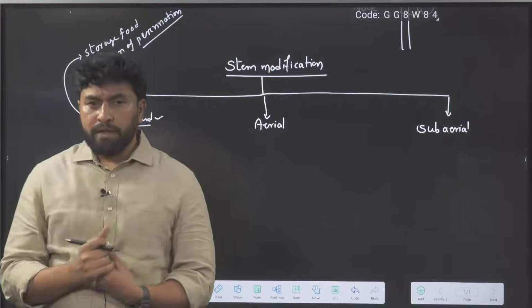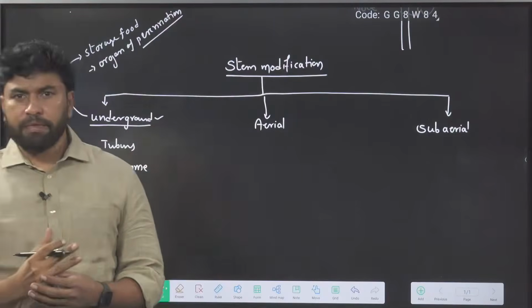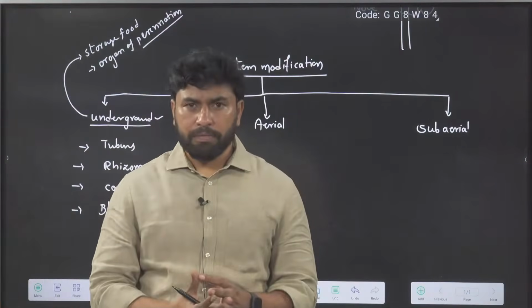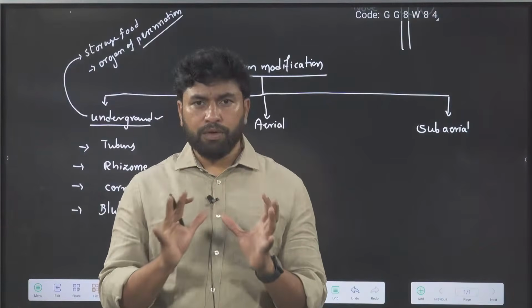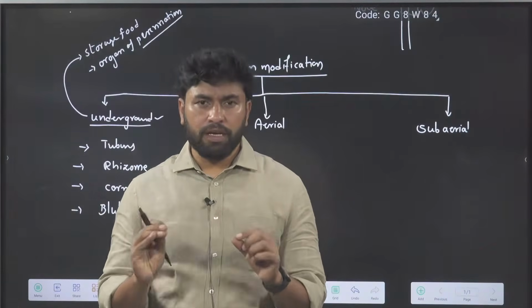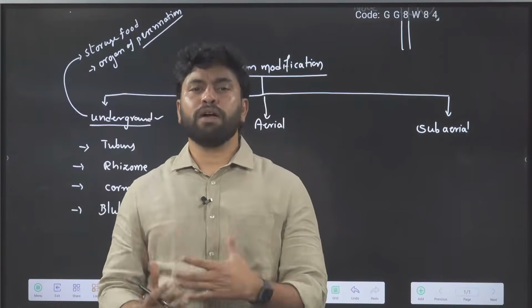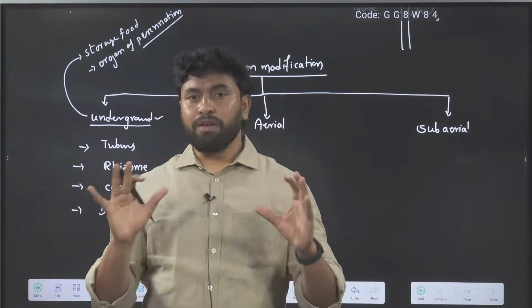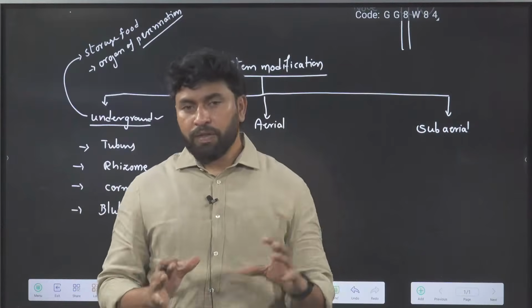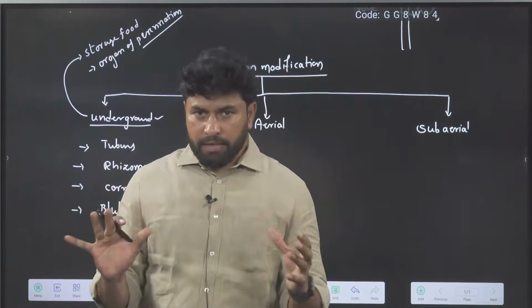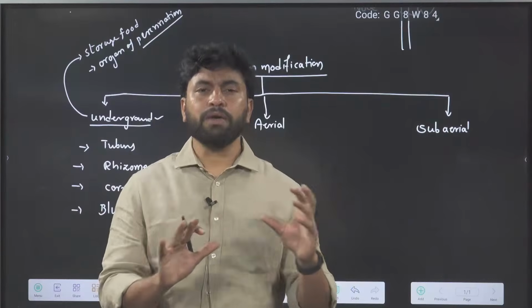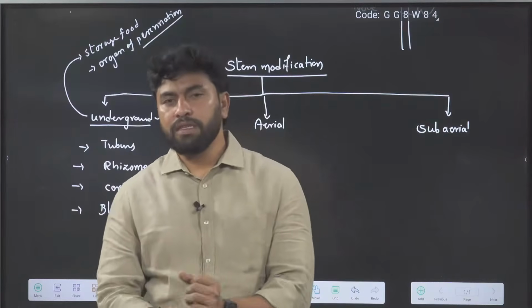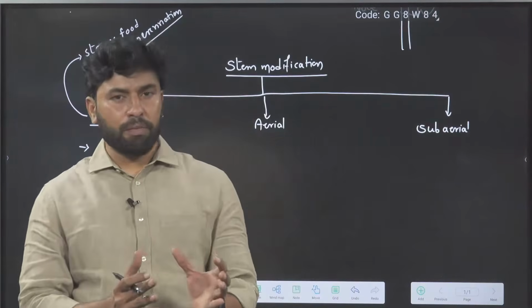See, some plants are perennial, some plants are annual. An annual plant which can complete its growth and reproduction within a year need not survive under adverse environment. All annual plants complete their growth and reproduction in a particular season, whichever season is good for their survival and reproduction.